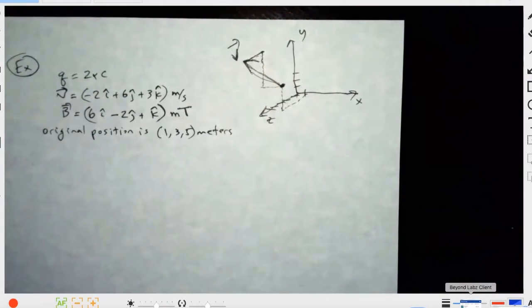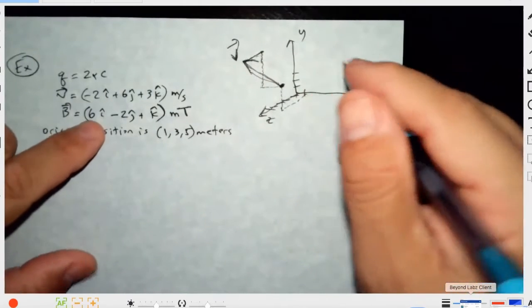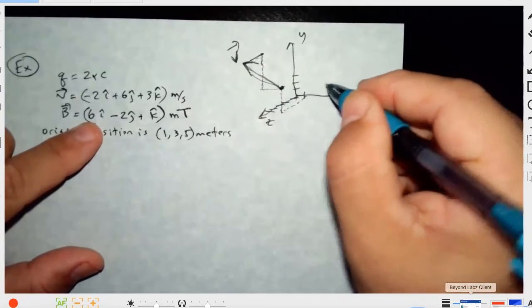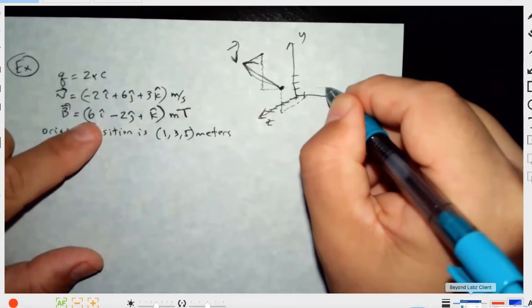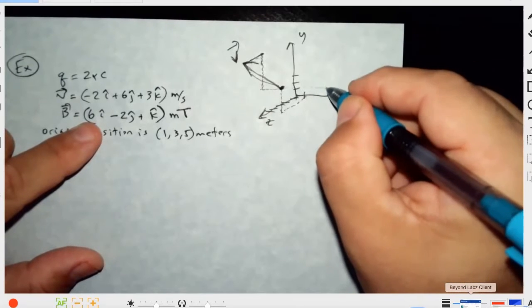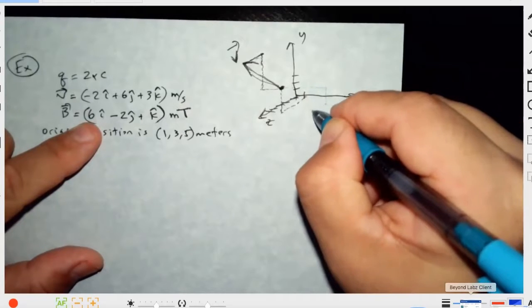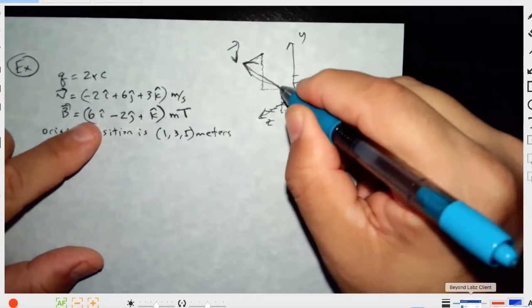Okay, and then the magnetic field looks like what? 6. So the magnetic field is going to the right, 6, -2, and then 1 this way. So something like this.